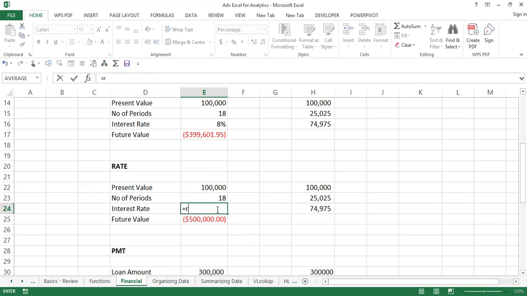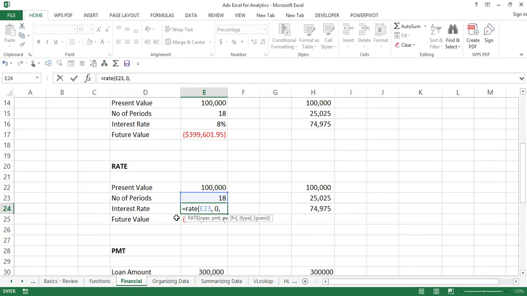Use the rate function. It's asking for what? Number of periods. Number of periods is 18. Payment amount is 0. Let's assume that there's no yearly payment, no periodical payment. Then what is it asking for again?